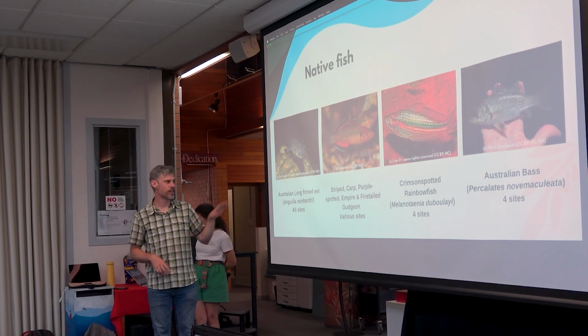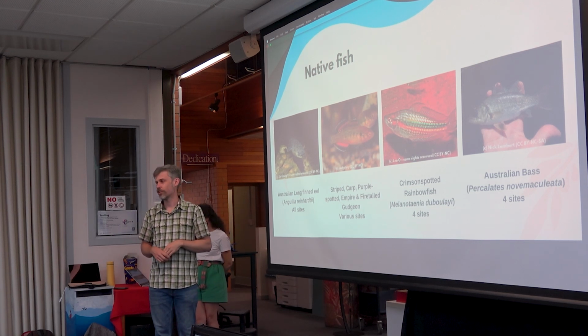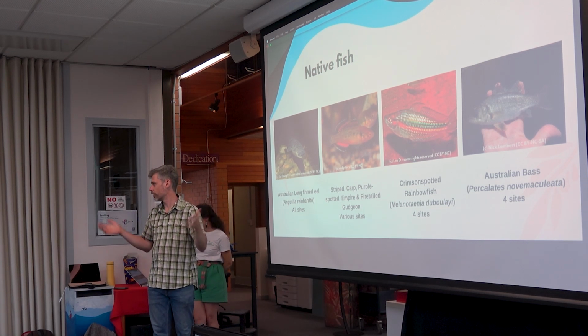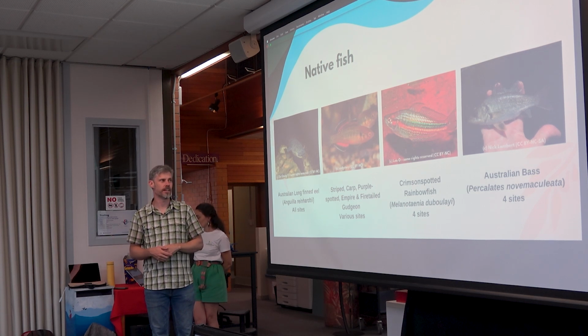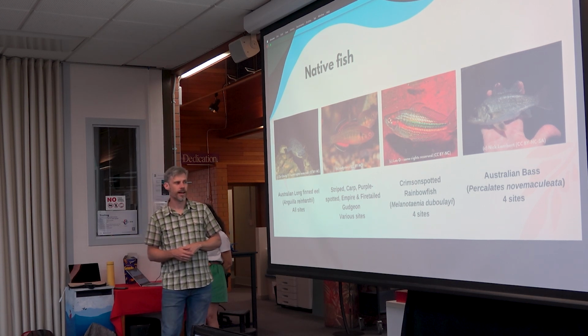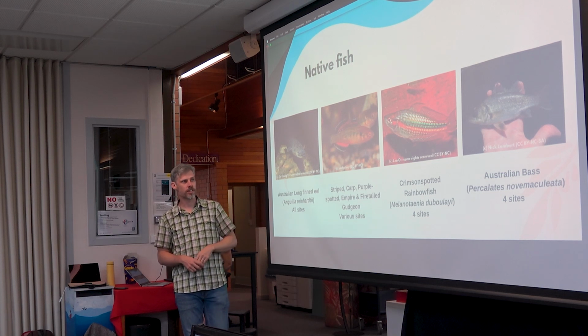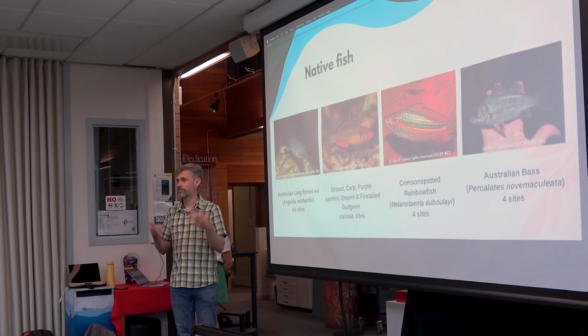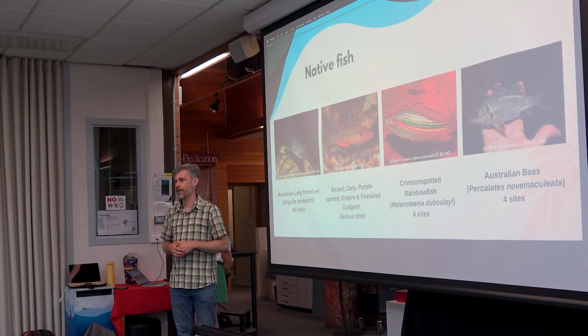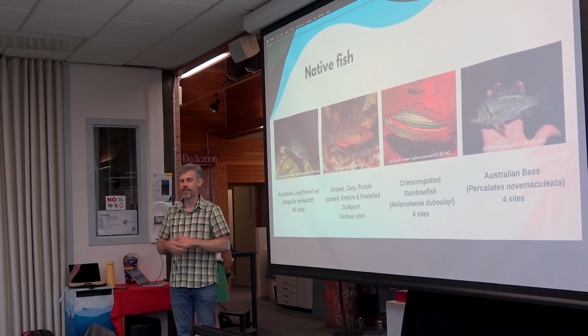So in all the sites we were detecting longfinned eel, which, I'm not sure, they are often seen in the creek, so it's really good that they're turning up in the eDNA as well. The gudgeon, which are sort of a small fish, but they're really colourful fish, often well known. If you go down to Walkabout Creek, they've got a really nice display in there of them.